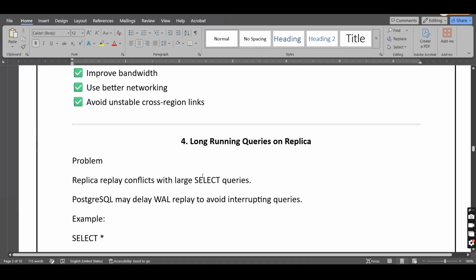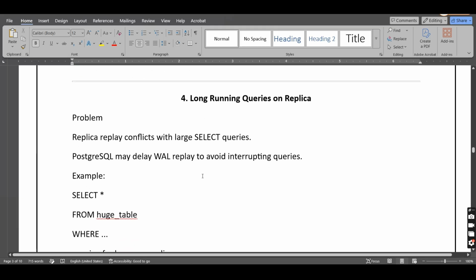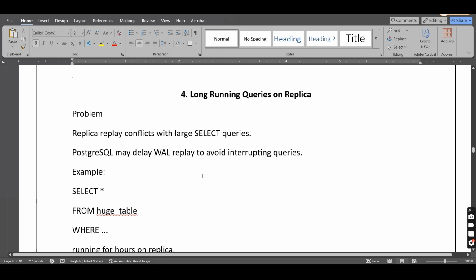Another point to be taken under consideration is long-running queries on the replica. Replica replay conflicts with large select queries.